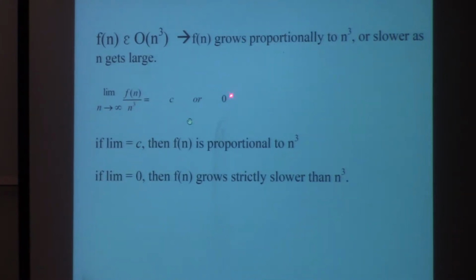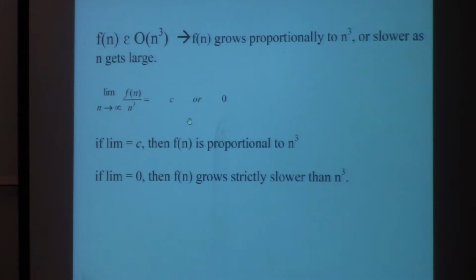If this limit goes to 0, which function do you think is growing more quickly? The bottom, because the bottom, n cubed, is driving it to 0. It's dividing so quickly as n increases that the ratio goes to 0. That means that the function on top is growing more slowly than the function on the bottom.